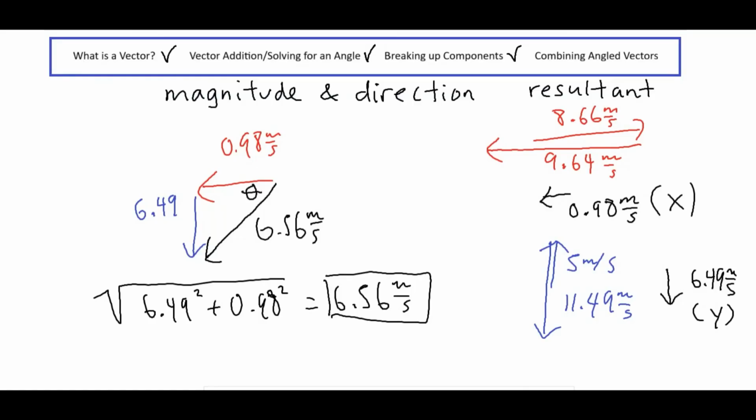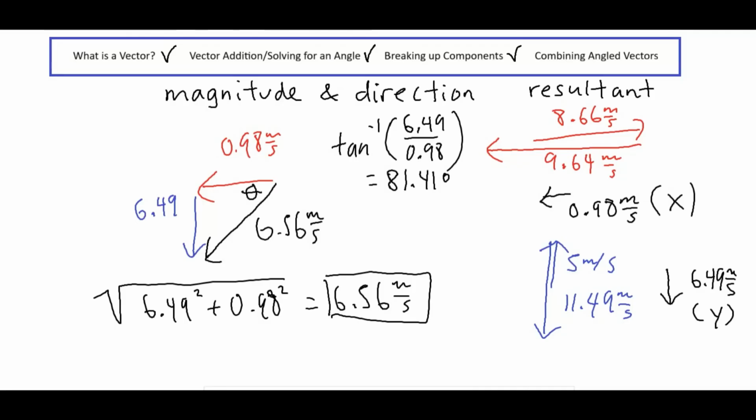Okay, now as far as the direction goes, I can go ahead and use the inverse sine. And then if I use the, actually I'll go with inverse tangent. So I'm going to go with inverse tangent, where it is the opposite side, which is the 6.49, divided by the adjacent 0.98, and that gives me an angle of 81.41 degrees.